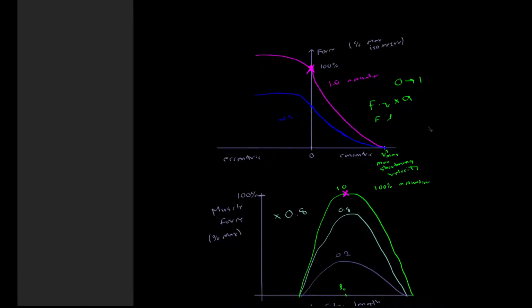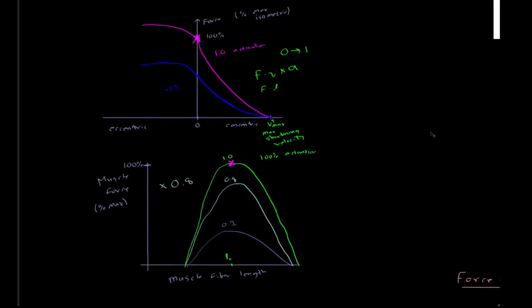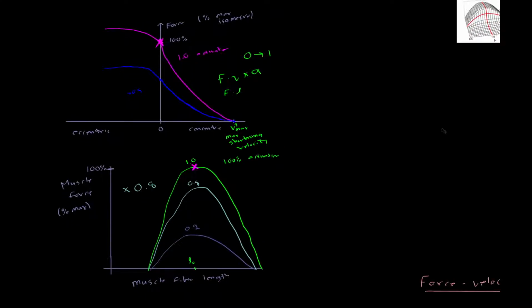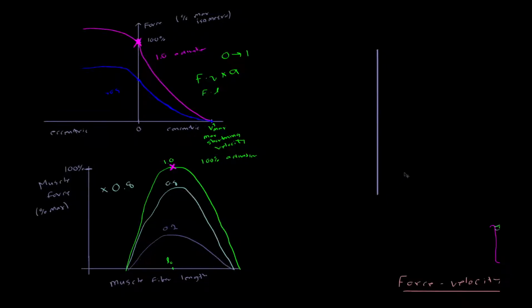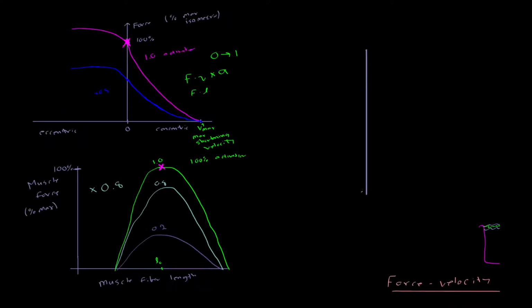And maybe I'll try and sketch this out over here with the other two curves in the picture so we can get an idea of what is going on. So we'll have to make a three-dimensional plot, which is going to be a little tricky. But let's put muscle force on the y-axis, or z-axis, depending on whether you're an engineer or a scientist.